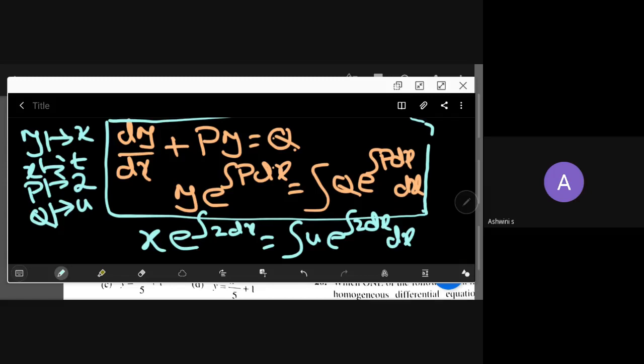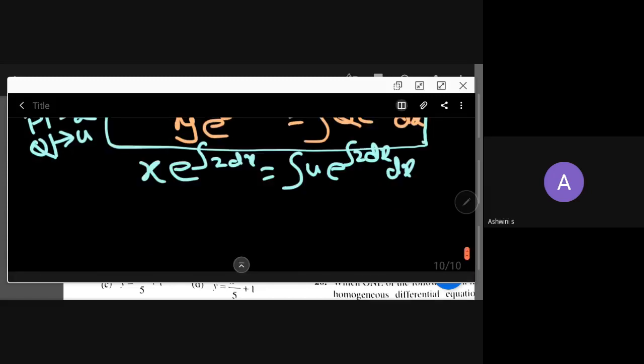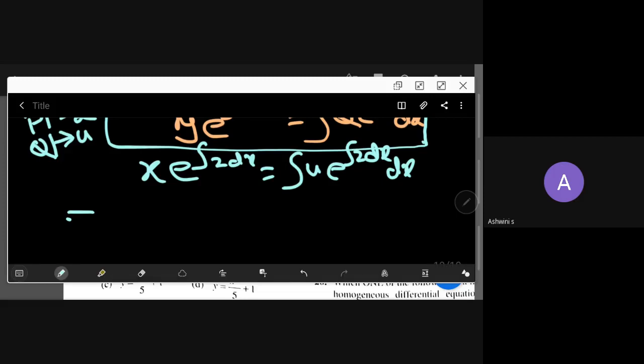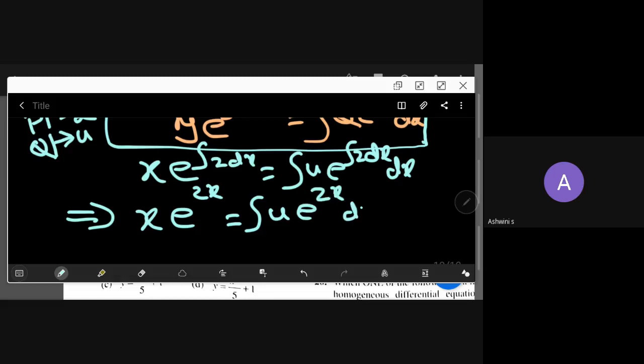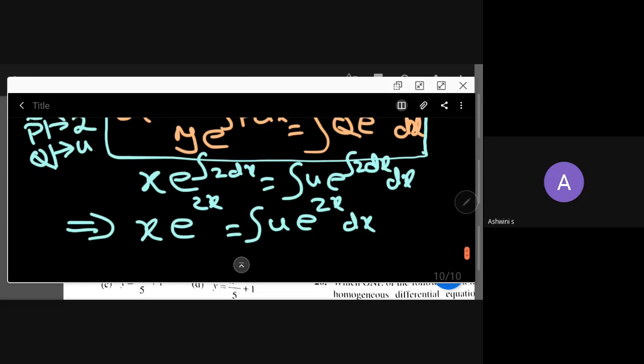So what is the next? As a consequence, we are getting x e power 2x is equal to integral u e power 2x dx. Not dx, I'm sorry, t. In place of x we need to put t. So we need to put t here.